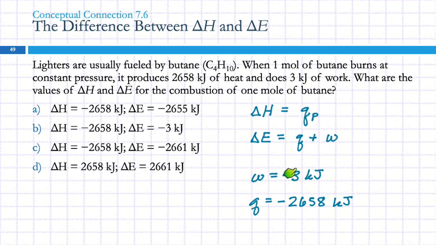So we identified the signs on those, work and heat. So delta H, that's the first one here. Delta H is just equal to Q. So delta H is negative 2658. So we can get rid of this last one because the sign's wrong.